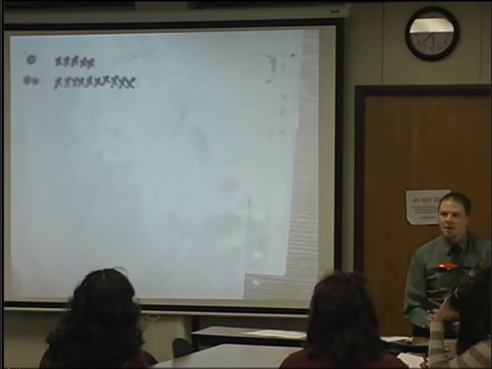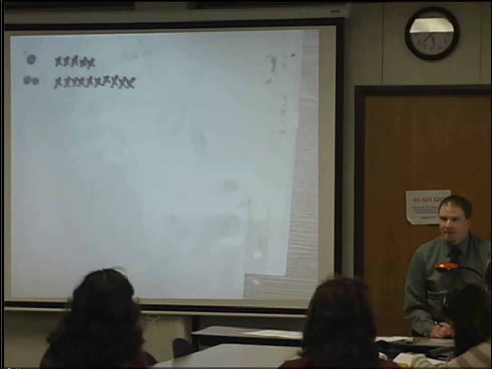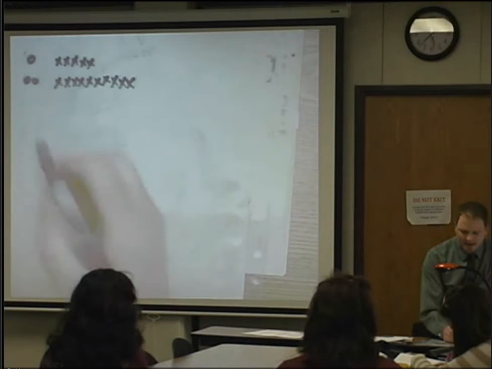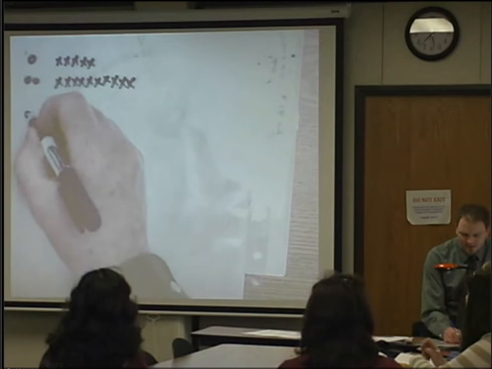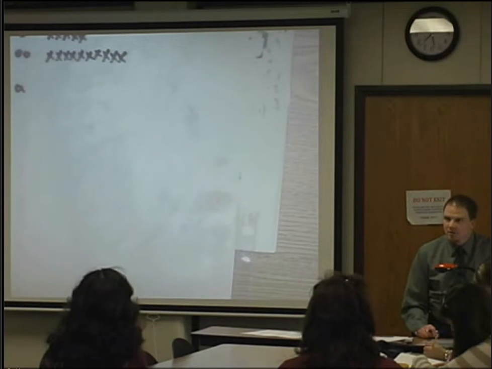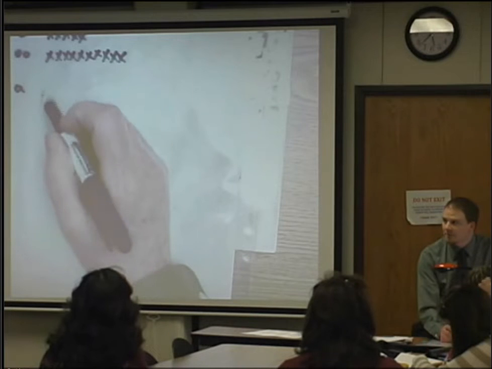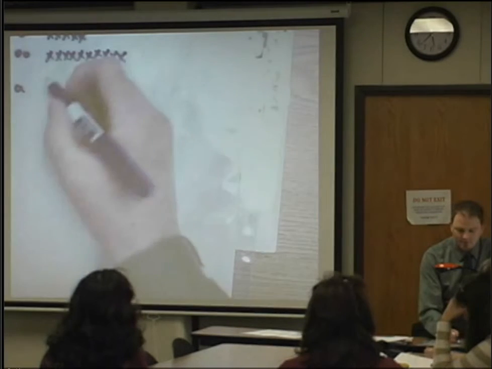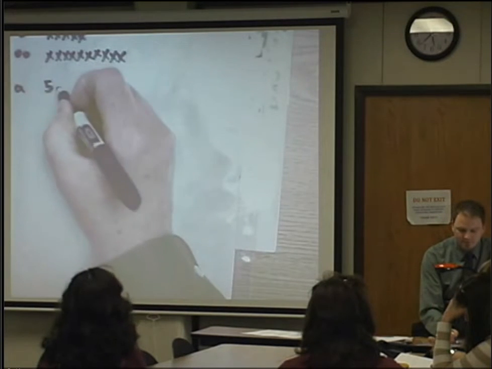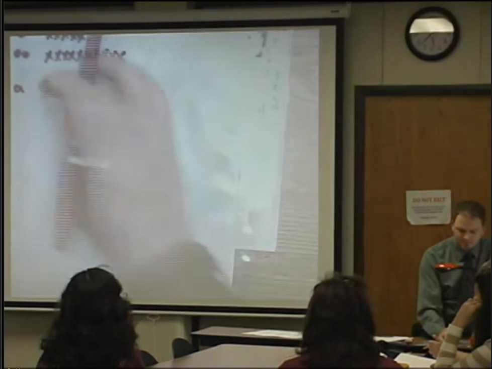Okay, and so on. So I've started my picture. I'm going to say that A is going to represent my adults. So what would represent my children? 5A. 5 times A, or 5A, right?